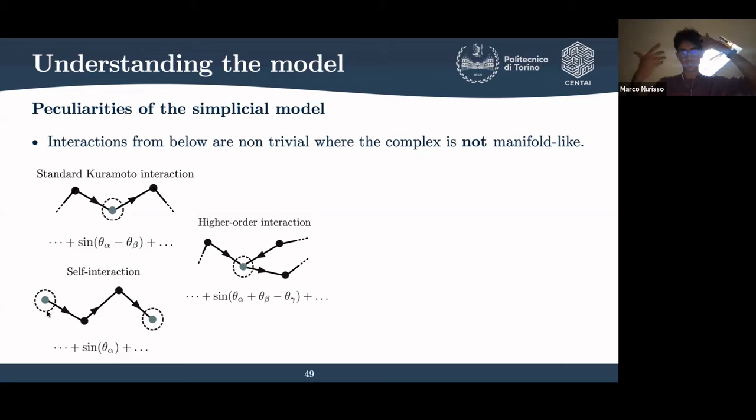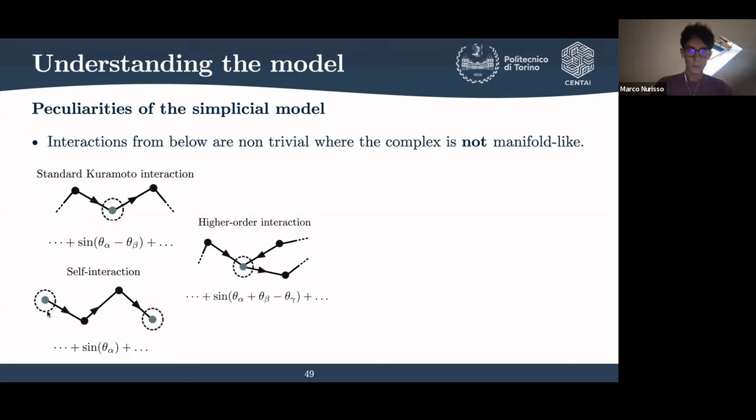So what I want to say is that these peculiarities are inherent to the way you can formalize these simplicial models. And so if you want to work with simplicial models using these Hodge Laplacian boundary matrices and higher order cochains, you need to be aware of these facts.